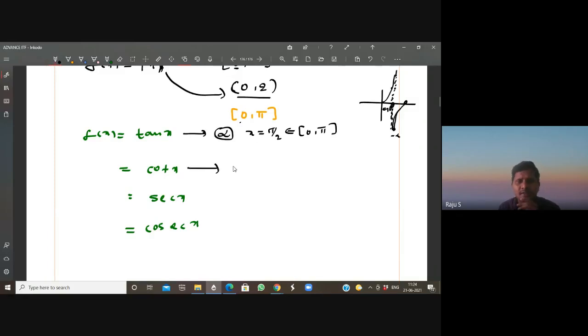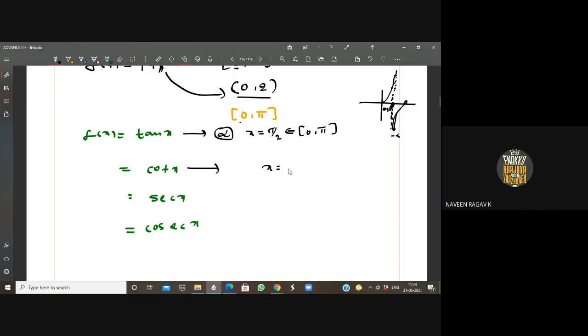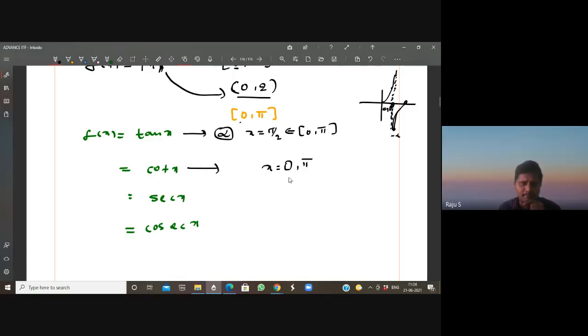Then cot x from 0 to 180, is it continuous everywhere from 0 to pi? At 0 and pi. Okay, in the same way, secant. 0 and pi by 2 belong to the closed interval 0 to pi. For what value of x is secant undefined or infinity?